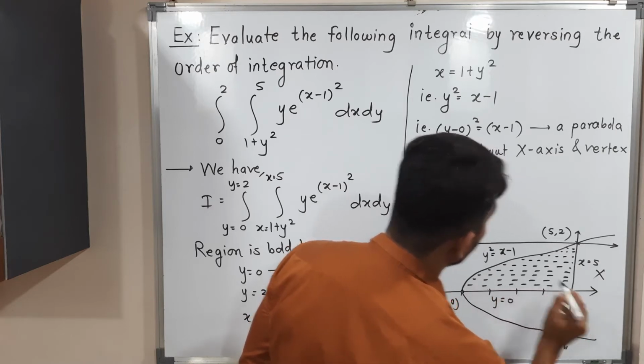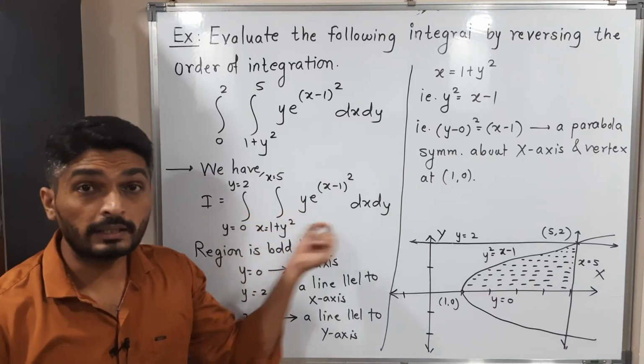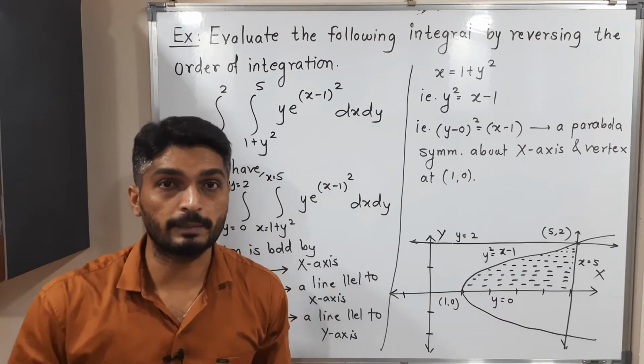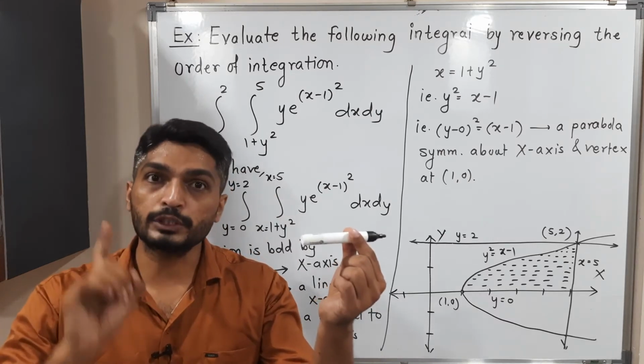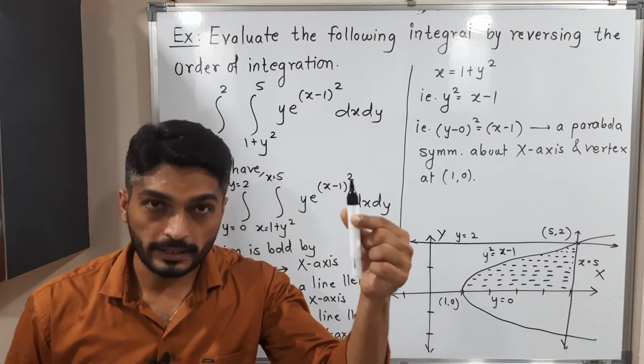Now consider the given integral. The inner integration is with respect to x, that means the original strip or the given strip is parallel to the x-axis. We have to change the order of integration, so we should consider a strip parallel to the y-axis now.